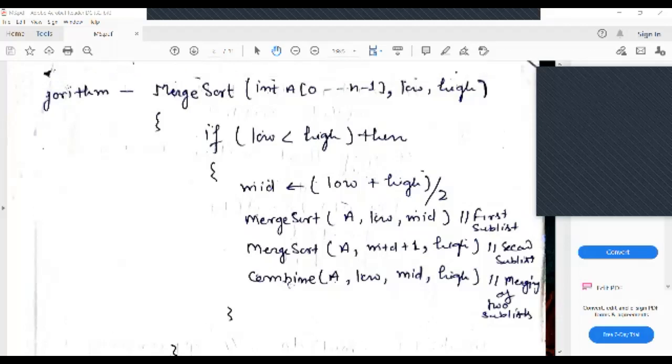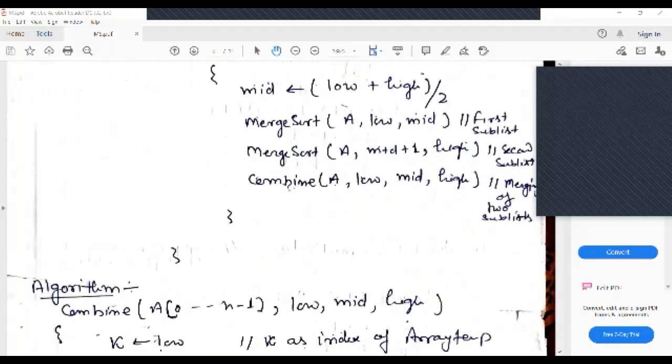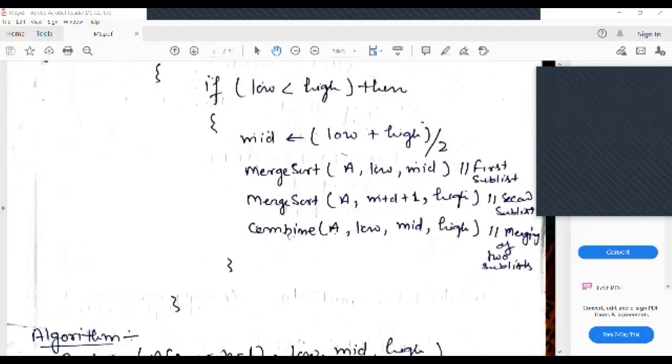Okay, in this way merge sort works. Merge sort is another typical example of divide and conquer. The important part of this algorithm is the combine, because merge sort itself is doing nothing.